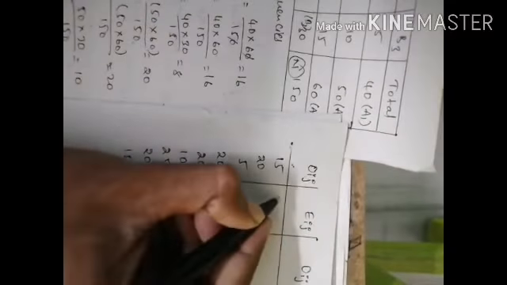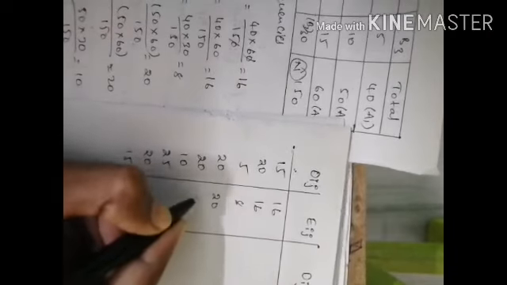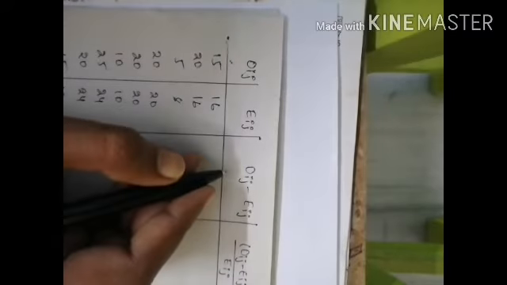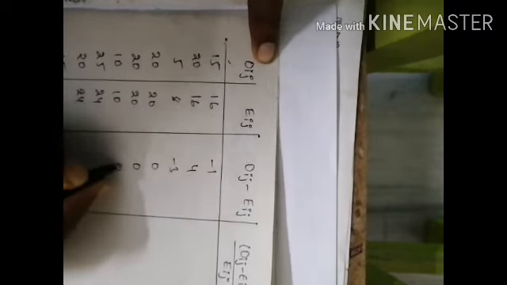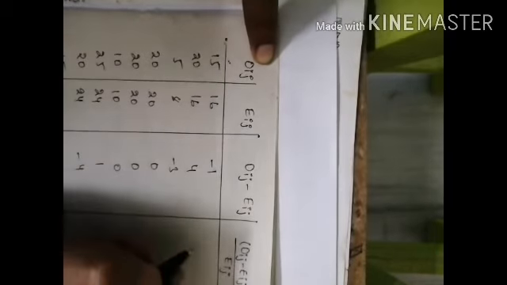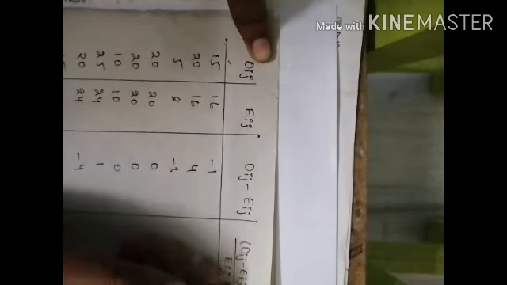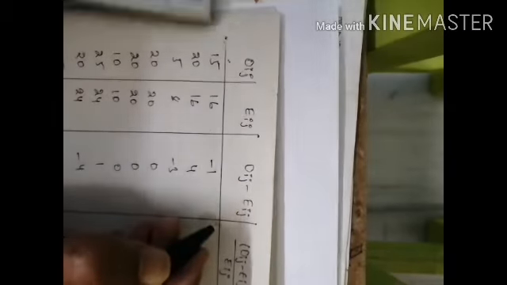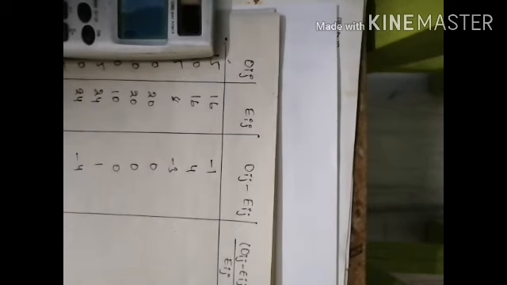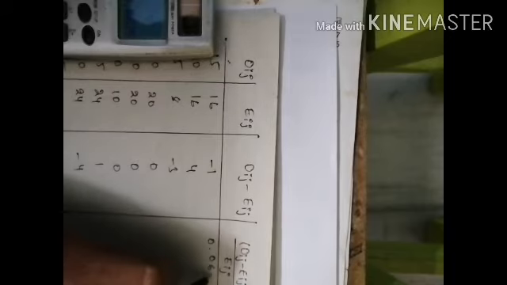The expected frequencies are 16, 16, 8, 20, 20, 10, 24, 24, 12. The differences between the two are minus 1, 4, minus 3, 0, 0, 0, 1, minus 4, 3. Now (Oij minus Eij) whole square by Eij: minus 1 square by 16 is 1 by 16, that is 0.063.